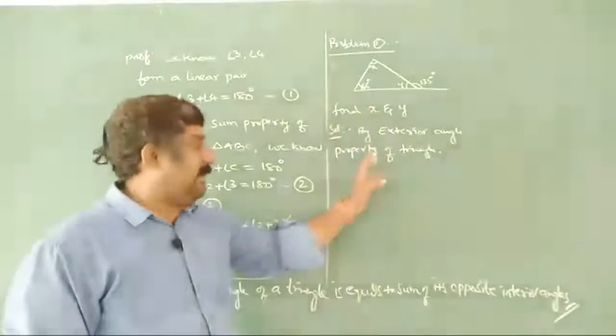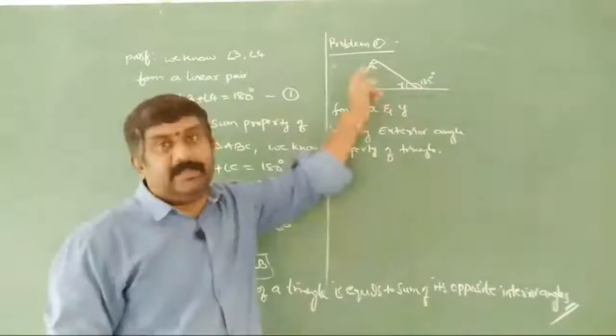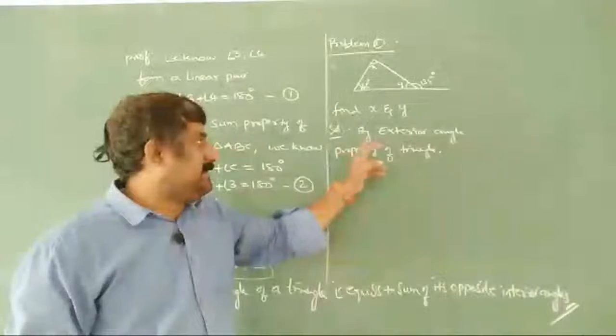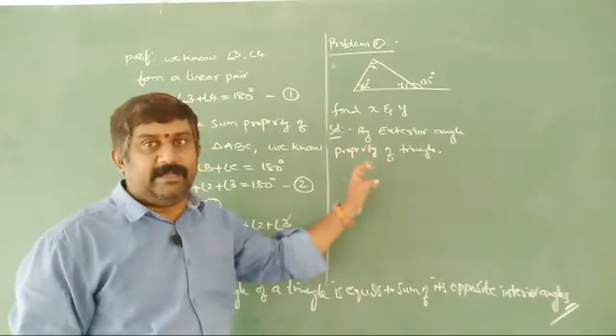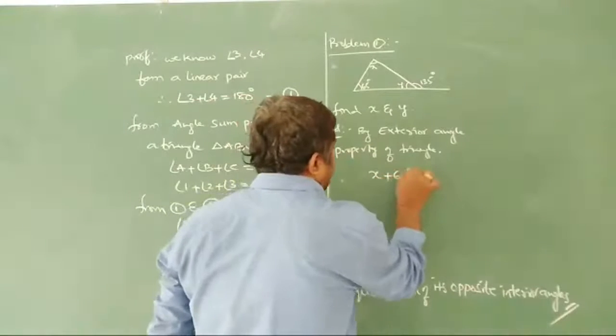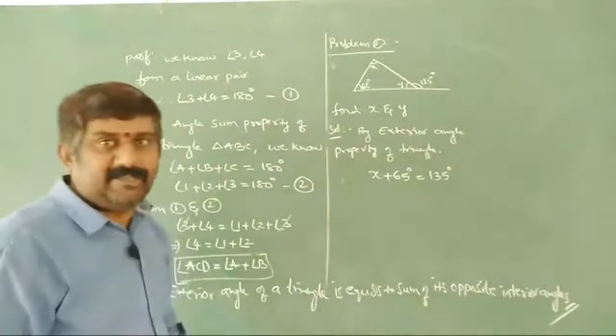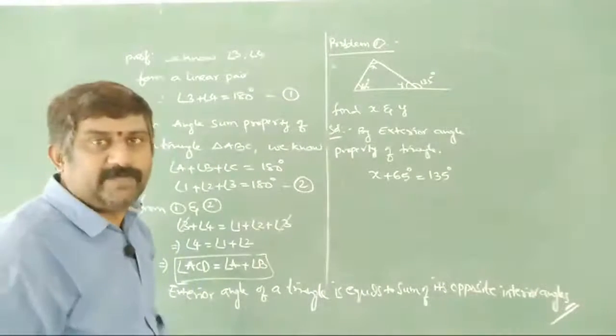Exterior angle property, what is it saying? An exterior angle is equal to the sum of its opposite interior angles. So by exterior angle property of a triangle, we can write x plus 65 is equal to 135.